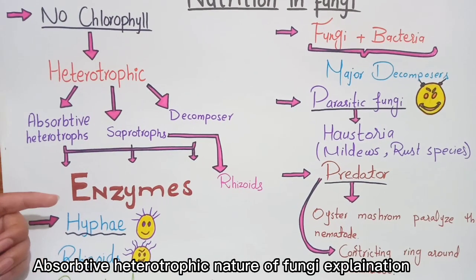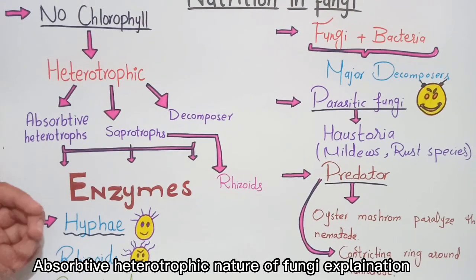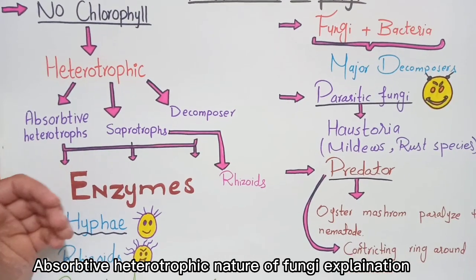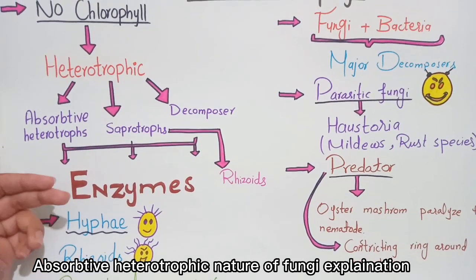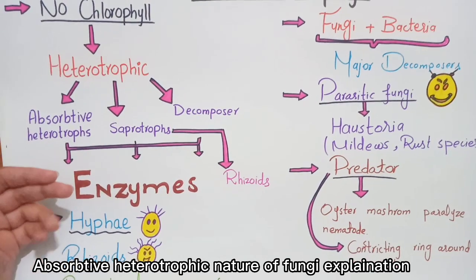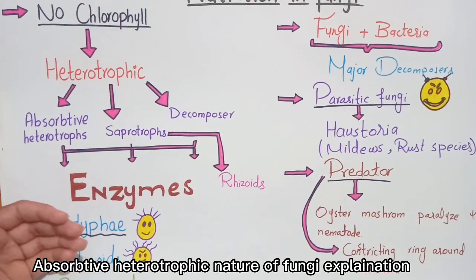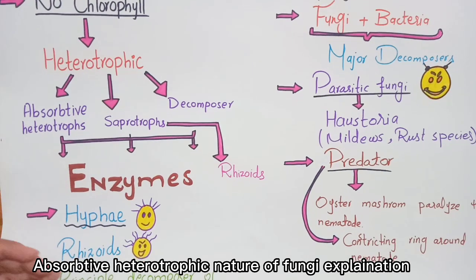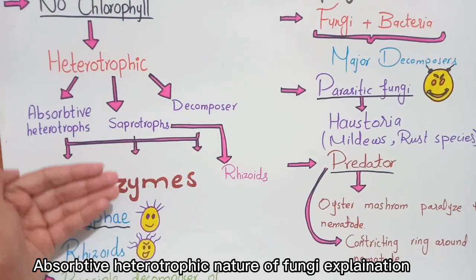After the formation of simpler compounds, fungi absorb them through diffusion, through their cell wall into their cell. As these compounds come into the cells, the fungus uses them in various metabolic processes.